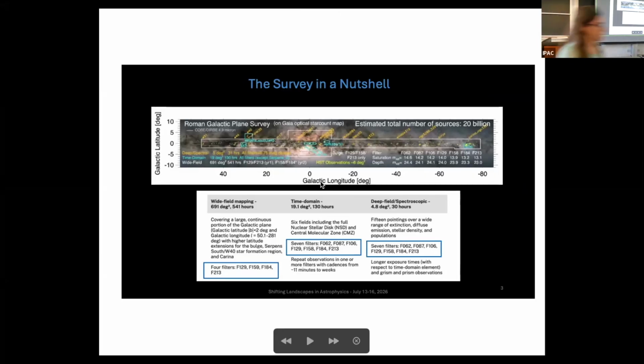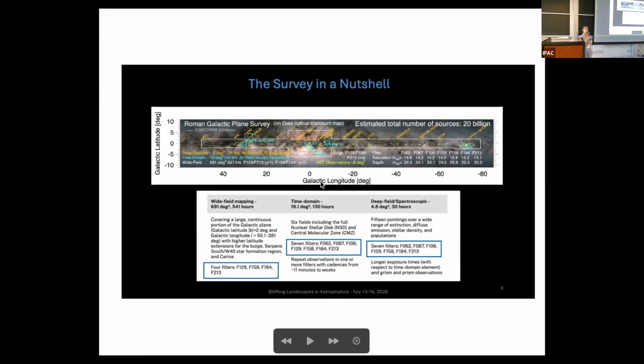So the first component is the one on the left. This is the major component that will be executed with the WFI instrument in 4 filters, roughly J, H, and K plus the F184 filter, and it covers 691 square degrees. Then the second component is a time domain component.